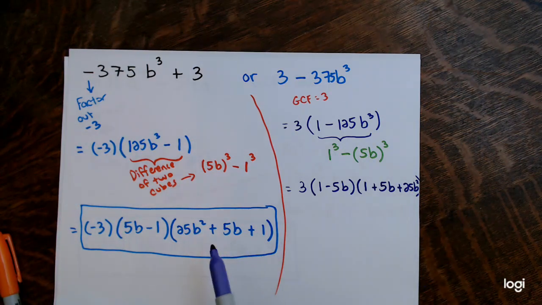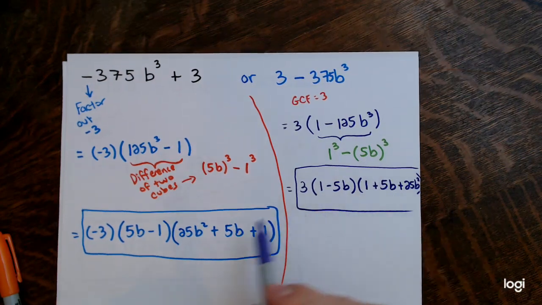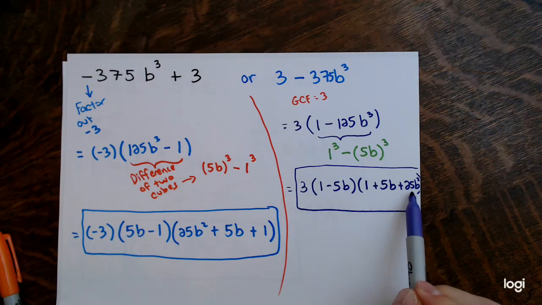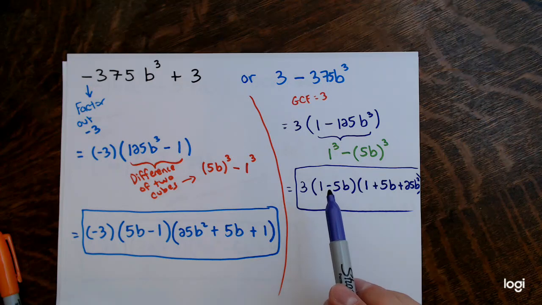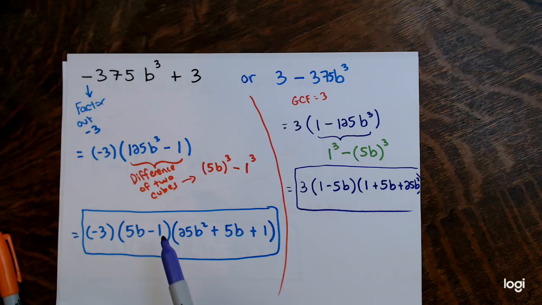So you see how these are actually the same thing. Okay, what I have in the box over here, the purple box, is the same as what I have in the blue box over here, right? Look at the factors. 1 plus 5b plus 25b squared, that's exactly the same as this one here, just in a different order, in the opposite order. Now I know you're saying, hey, there's 1 minus 5b, and this has 5b minus 1.